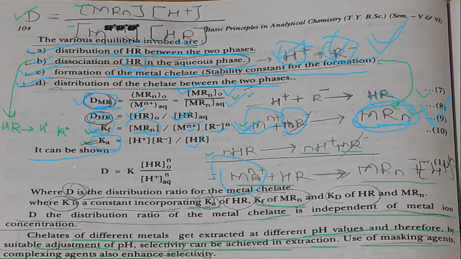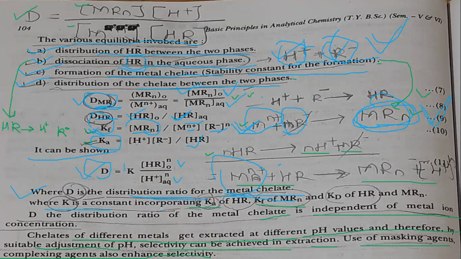So it can be shown that D, the distribution ratio, is equal to K into concentration of HR in the organic phase and concentration of H plus ion in the aqueous phase, where D is the distribution ratio for the metal chelate.